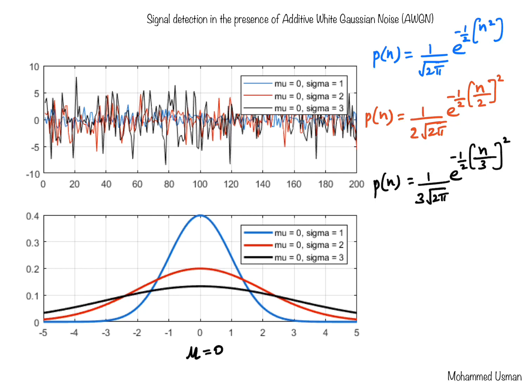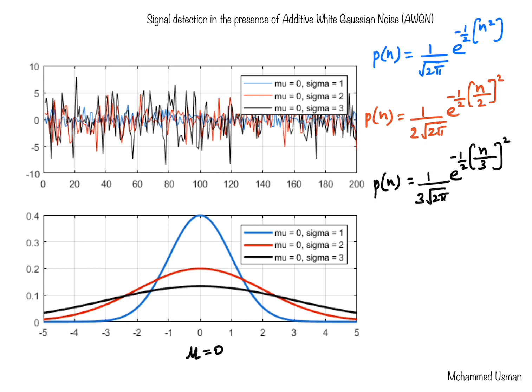So that means there is a higher probability that the noise is going to have an amplitude of a higher value when the standard deviation is more, right? Okay.